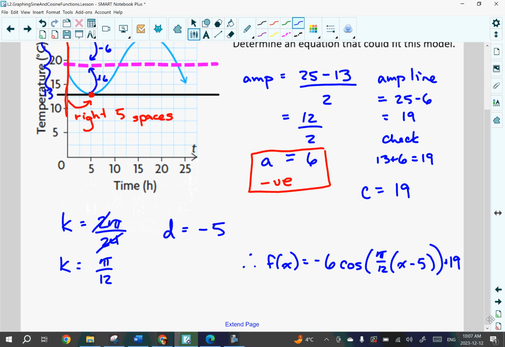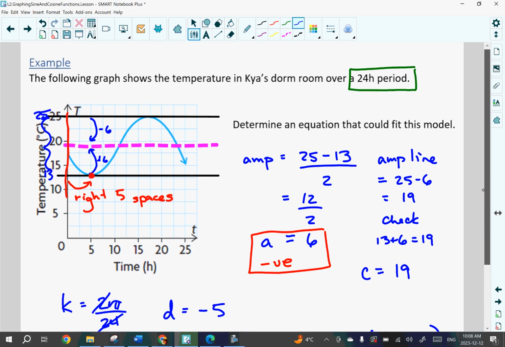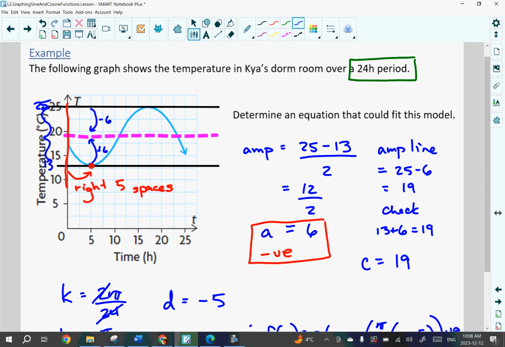There are other equations that you could come up with. Another person might want to use that as their first point, which is, according to this, still 5 in between each. So this value right here is 17.5.